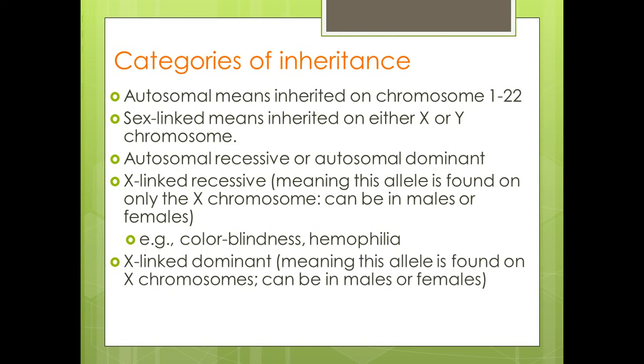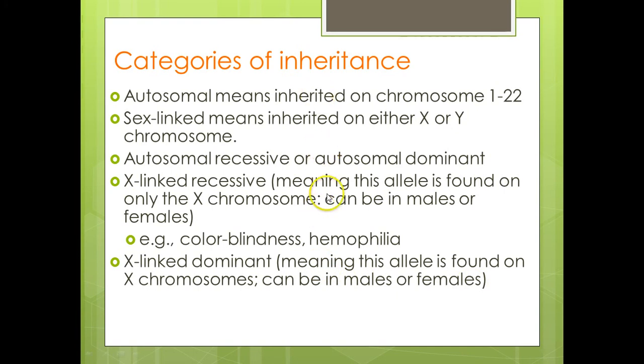You could also have X-linked dominant. These are very uncommon diseases or traits. But this means that the allele is found on the X chromosome, and it could be in male or female. And even if one of the chromosomes has this trait, the offspring will definitely show that in their phenotype.